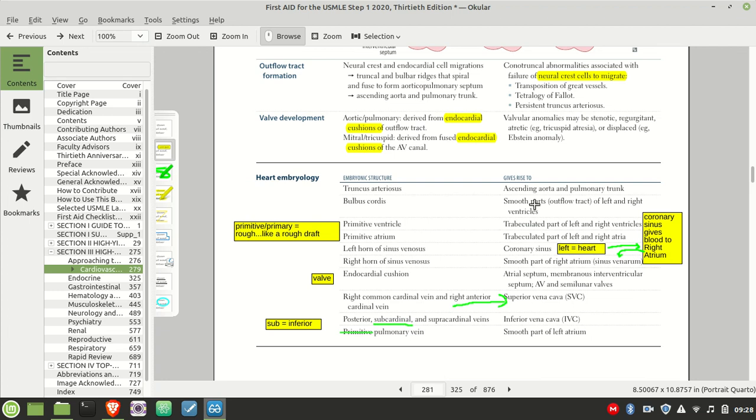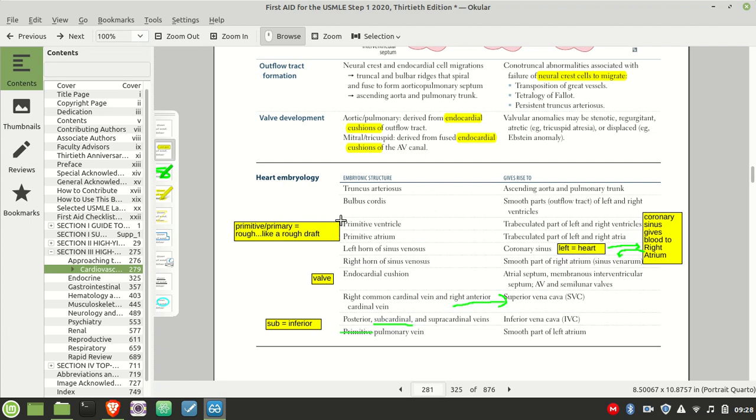Well, as luck would have it, it has the smooth part of the left and right ventricles. And what we're going to have in this entire thing is smooth part and rough trabeculated part. And then we have the smooth part of the ventricles here.